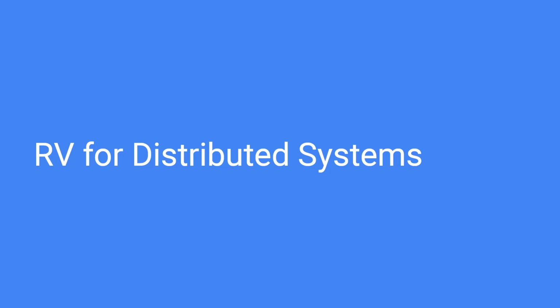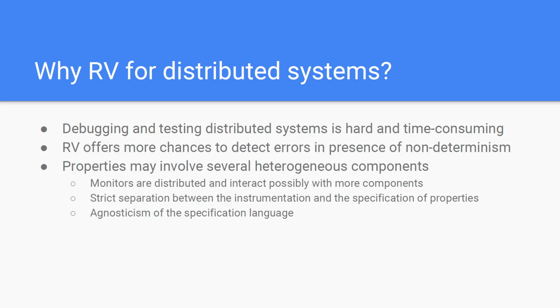Why are we interested in runtime verification for distributed systems? For several reasons, also for historical reasons, because we started this research in the area of multi-agent systems, which are by definition distributed systems. But also because debugging and testing distributed systems is hard and time-consuming.